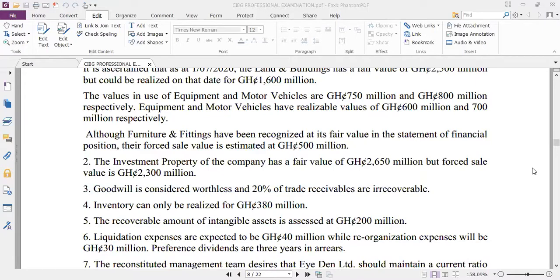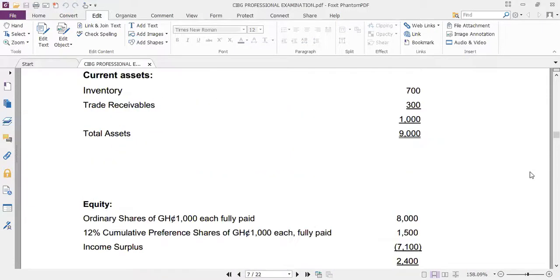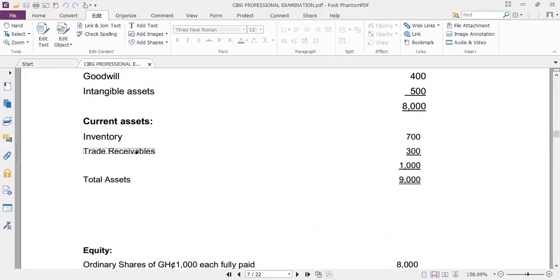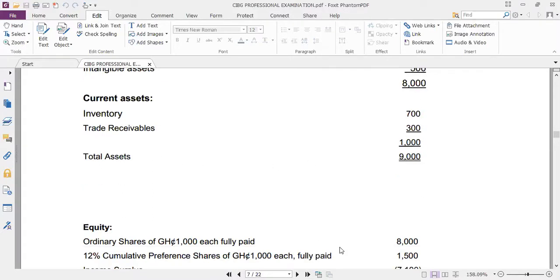Let's go to the financial position to pick the receivable. Trade receivable is 300.